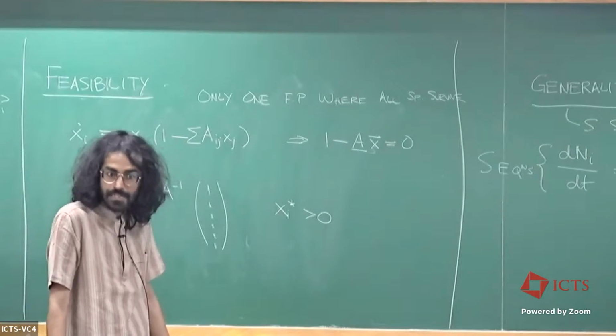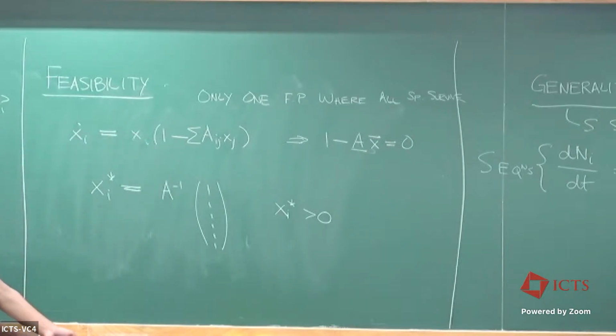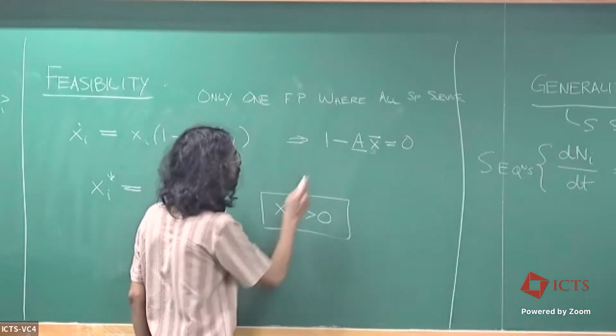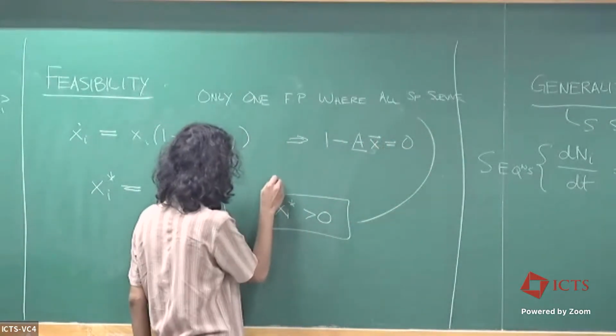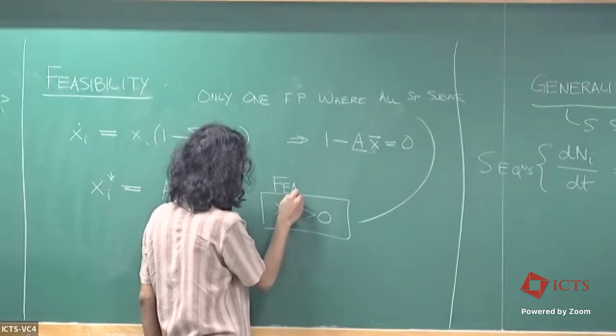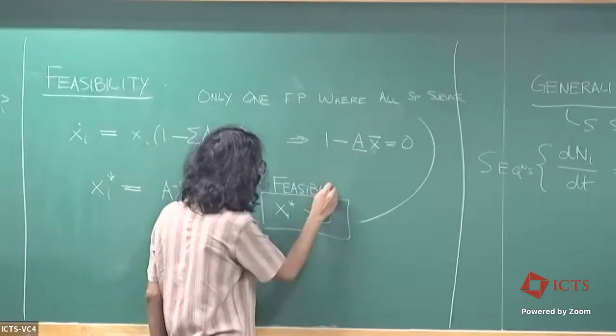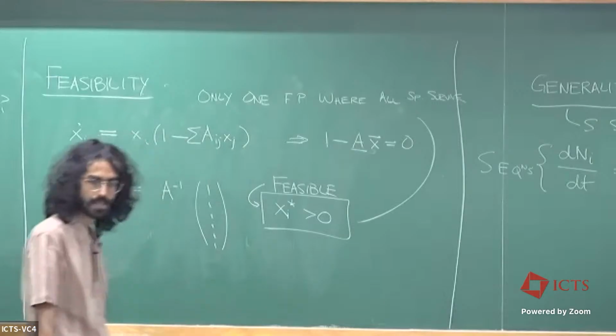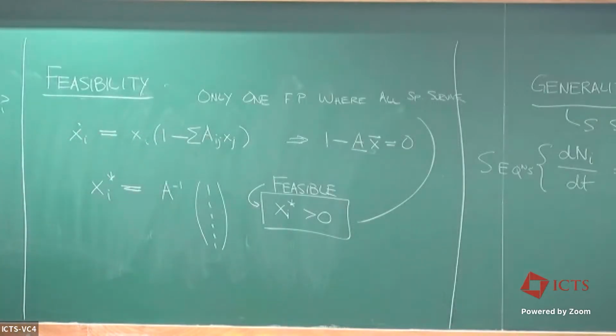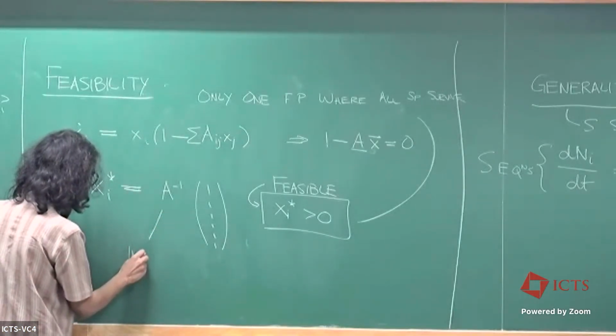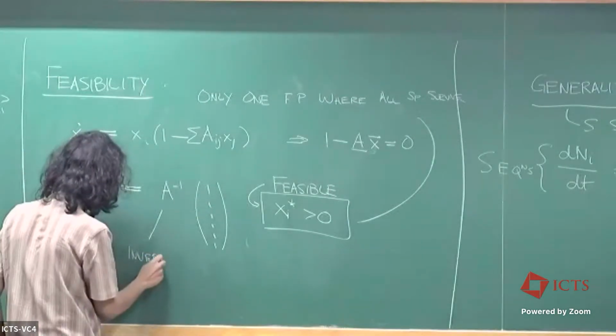In that case, that fixed point exists, but it's not feasible, just like the two-species situation where the nullclines didn't intersect in the first quadrant. So if you want this fixed point to be feasible, you must choose your A such that it's invertible and satisfies that property.